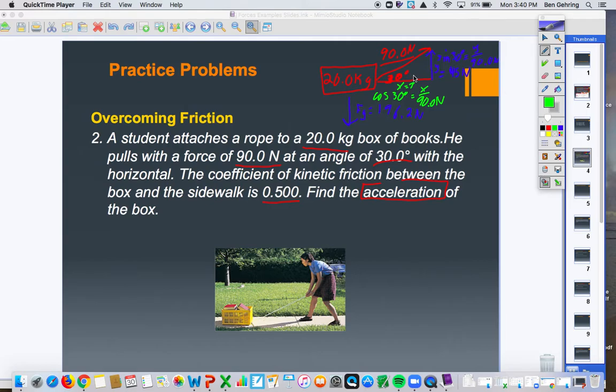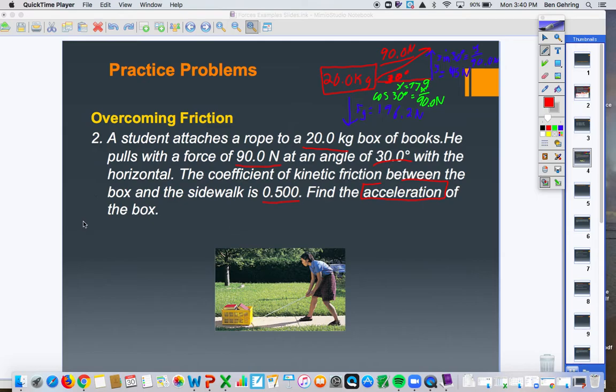So cosine of 30 times 90 is equal to 77.9. My apologies. 77.9. So x is 77.9 right here. And I'm going to go write these down below so I have them.